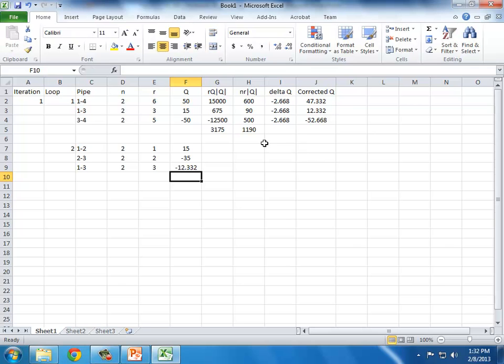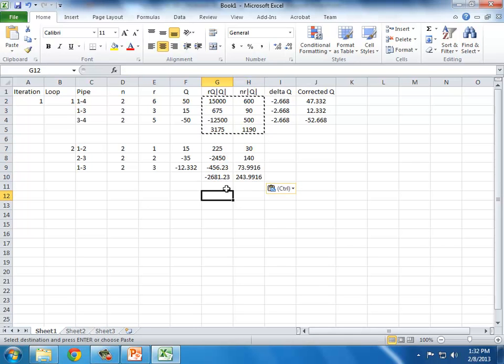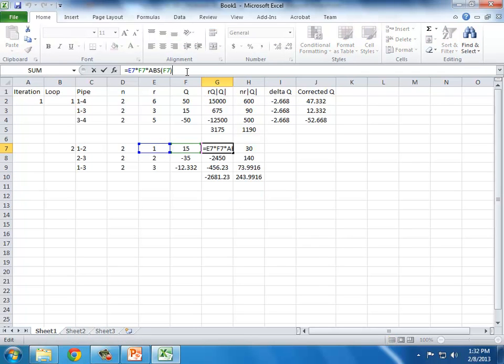And so it automatically takes that value and gives us the negative sign. I can select these and Control C to copy and Control V to paste, and it did all the operations I wanted it to. It's doing the calculations that it needs to be doing. It's summing them up in just the right way. What I do have to type in again is the formula here.